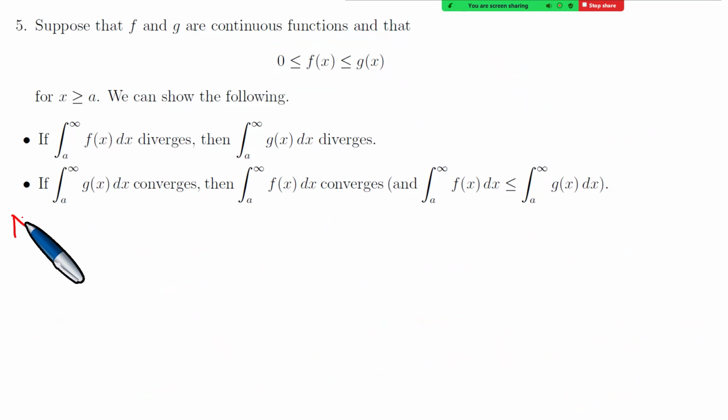Now, the integral of a to n. Okay, we start off. Now we are looking at the second bullet point, this one.